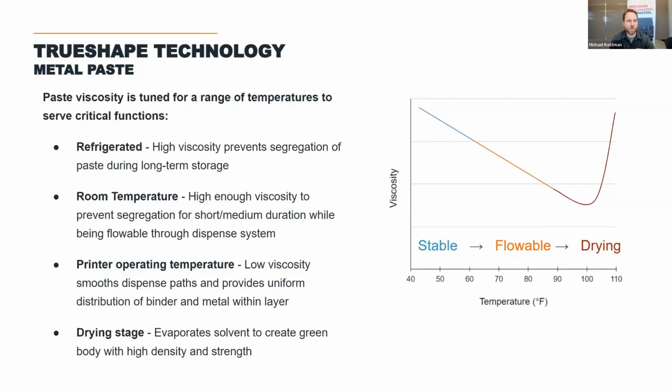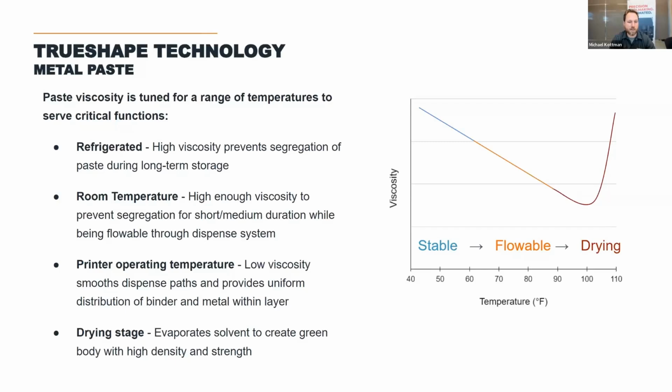As you start warming up to room temperature, it's still a high viscosity, so it's stable for days to a few weeks. That keeps it from segregating while you're using it in process or during shipping. But it does start to become flowable through the start of our dispense system, where we can start pushing it from that tube into the printer.